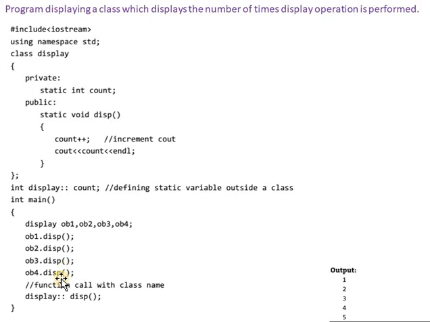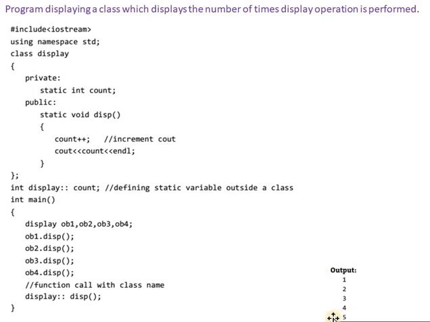A static function is always called with the class name. So how to access the function with the class name? The syntax is class name, scope resolution operator, and static member function name. After executing this program, the output is 1, 2, 3, 4.